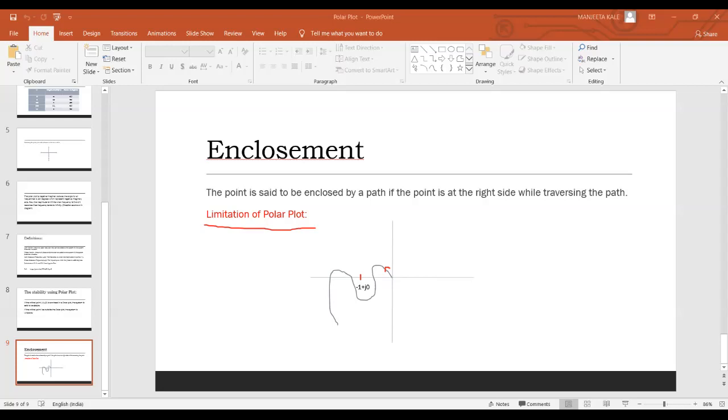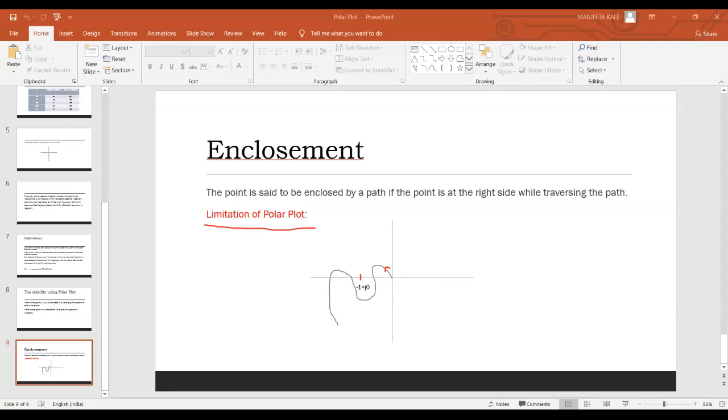In this session we started with the definition of polar plot: magnitude is plotted versus phase when frequency is varied. Then we saw an example where magnitude and phase are calculated and plotted against each other when omega is varied from 0 to infinity.